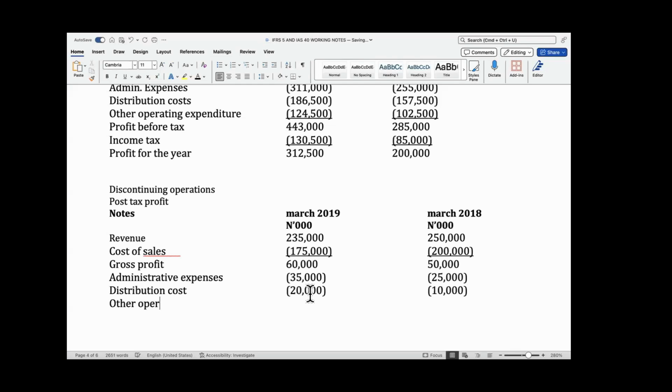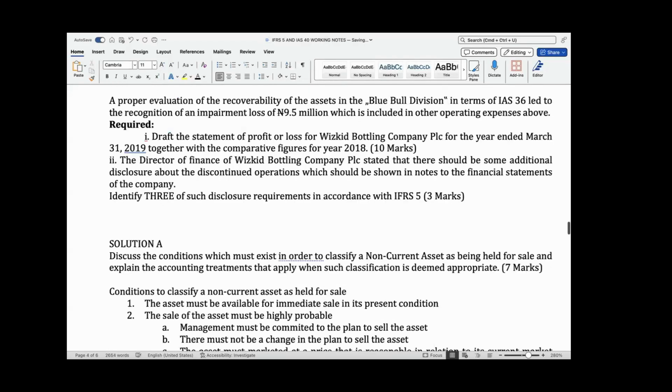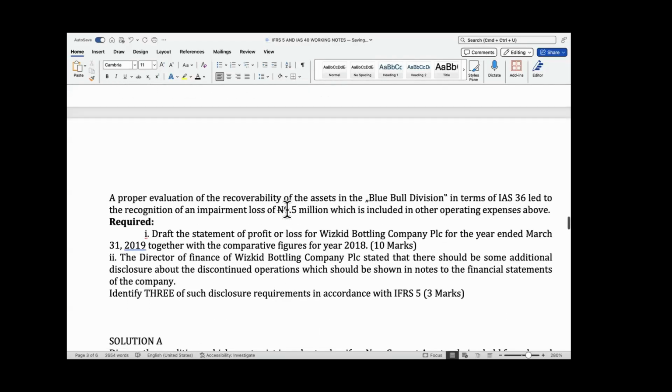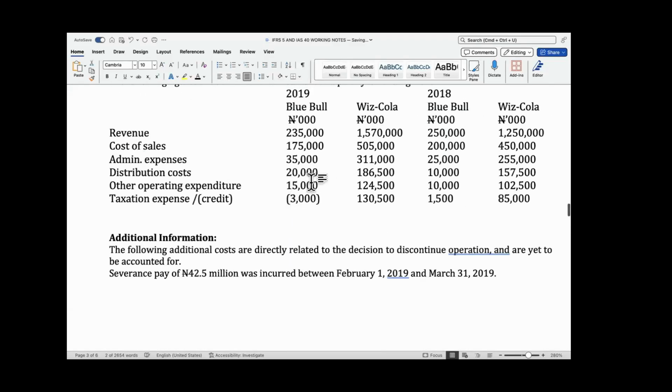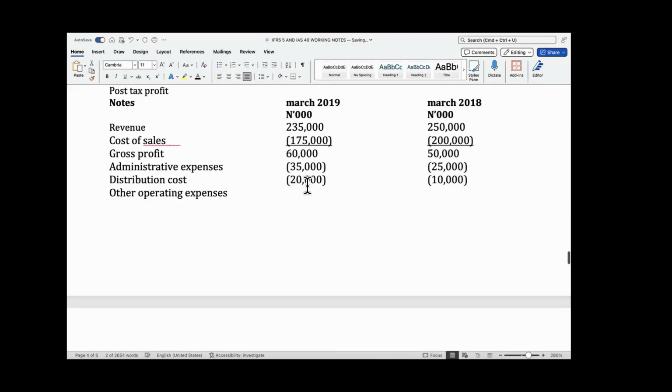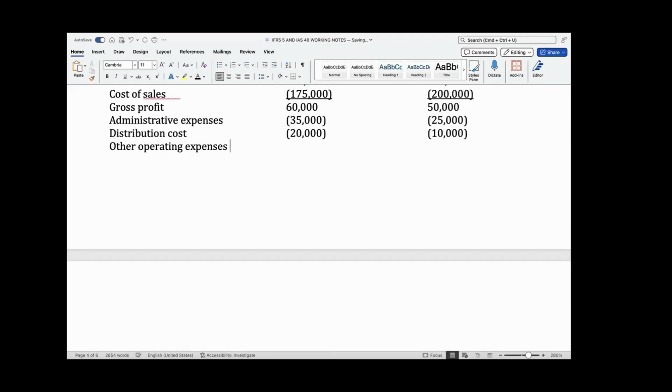Then my other operating expense, they already included this impairment loss of 9.5 in this 15,000. So it's advisable that you separate that. Let me do 15,000 minus 9.5. That will remain 5.5.